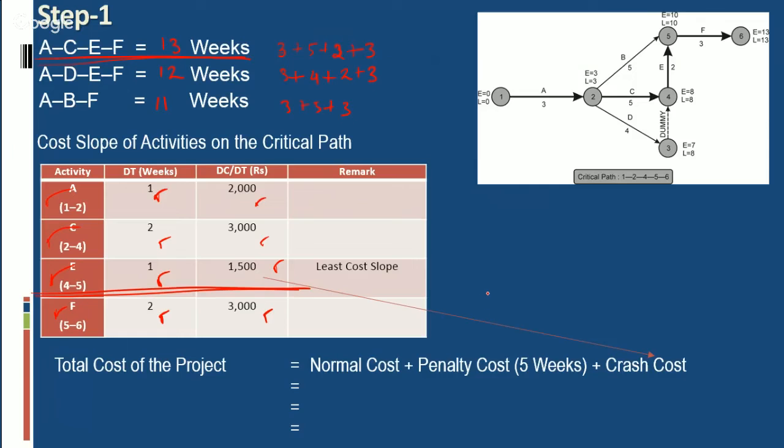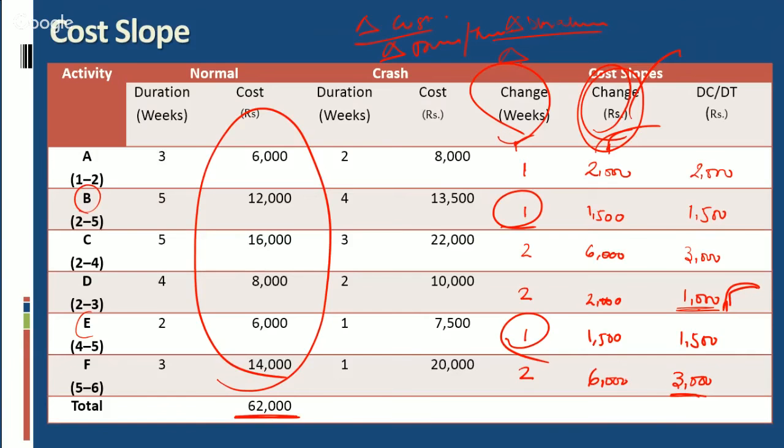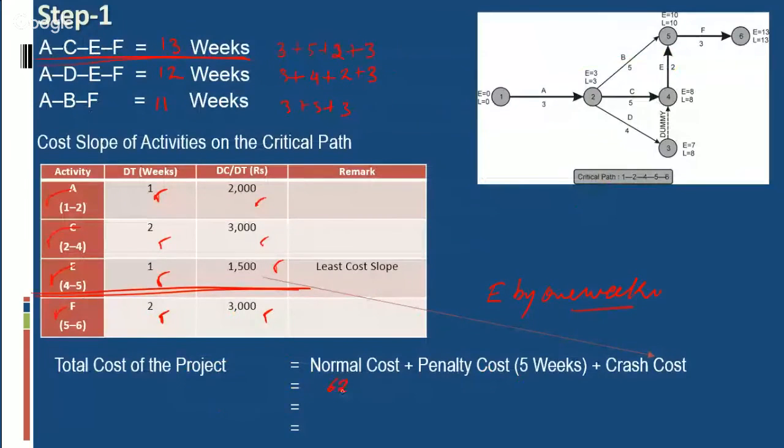If we crash activity E by 1 week, in this case, the total cost of our project will be the normal cost as computed earlier, 62,000. Now the project will be completed in 12 weeks instead of 13 weeks.